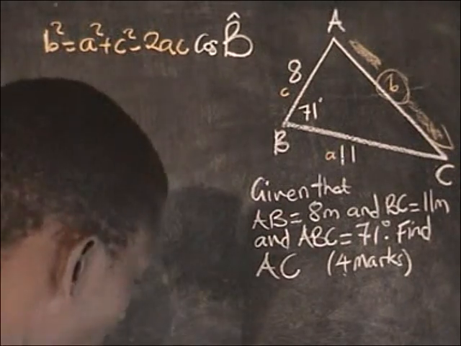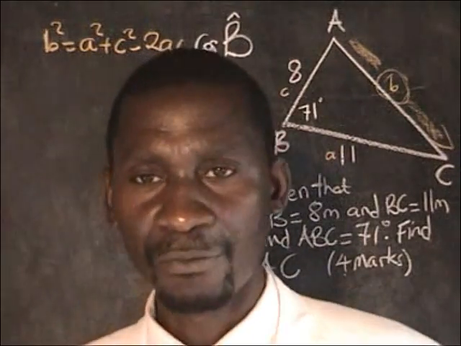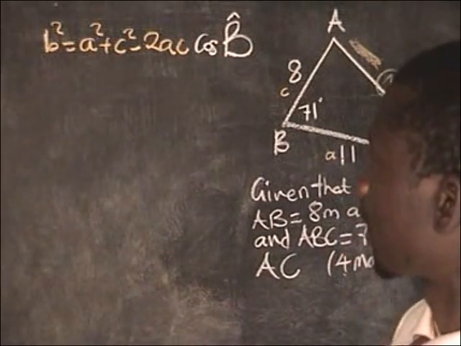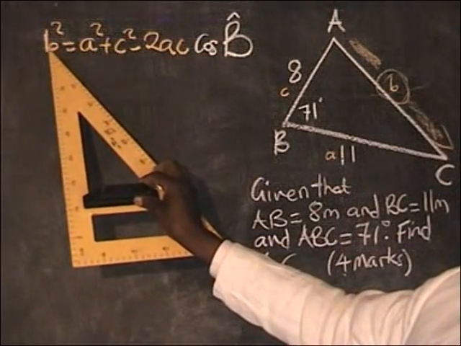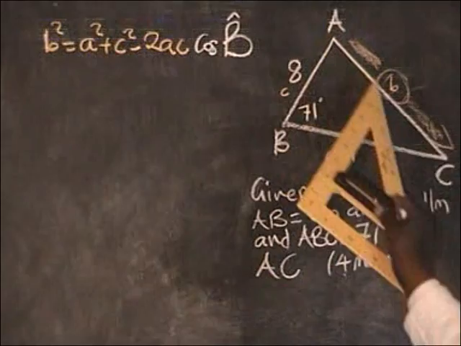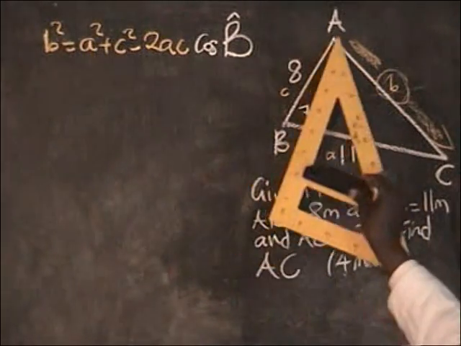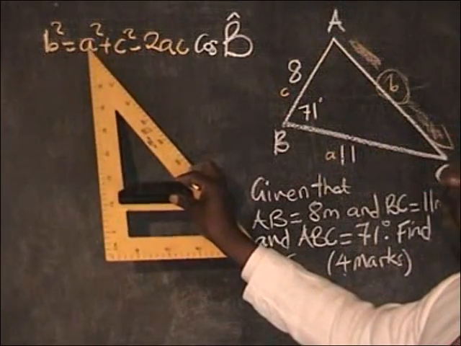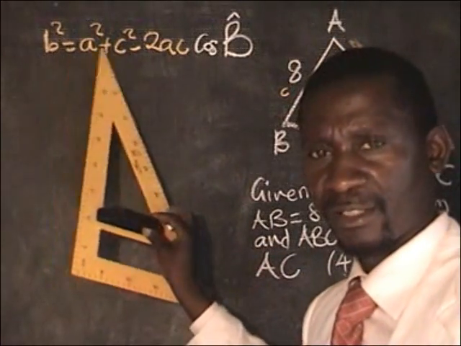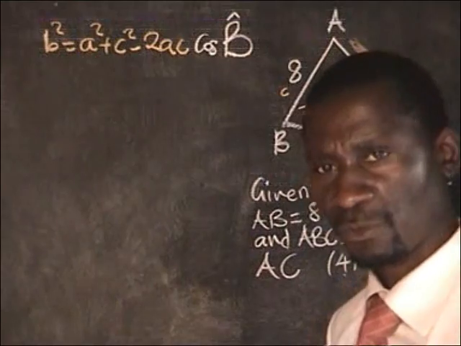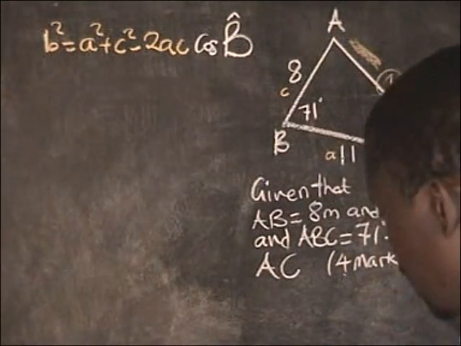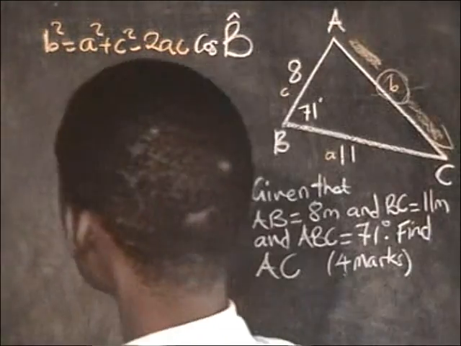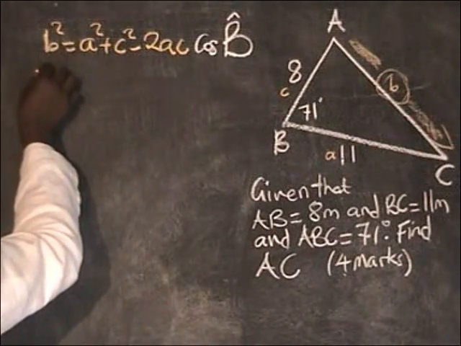So the next thing you have to do is to start substituting. In place of small b, you are going to write AC. In place of a, you are going to write 11, and when doing the formula, it says a squared, so it is going to be 11 squared, respectively.